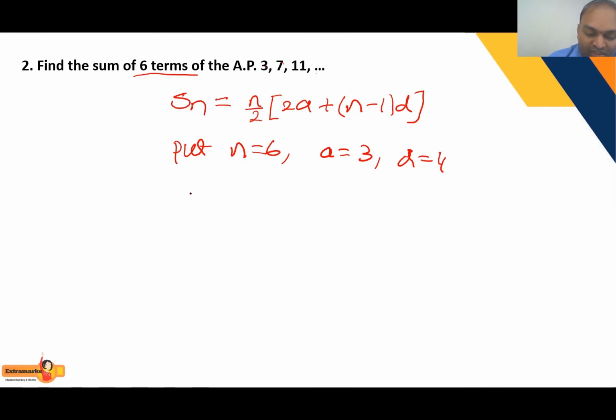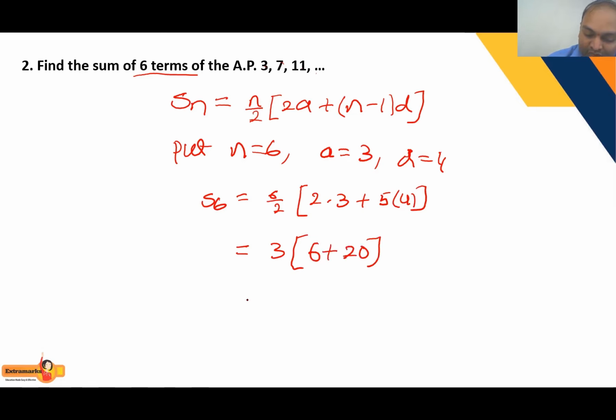So the sum of 6 terms, denoted by S6, is equal to n by 2, 6 by 2, into 2a plus (n minus 1), 6 minus 1 is 5, into the common difference 4. So 6 by 2, the answer is 3. 3 2s are 6, plus 5 4s are 20.